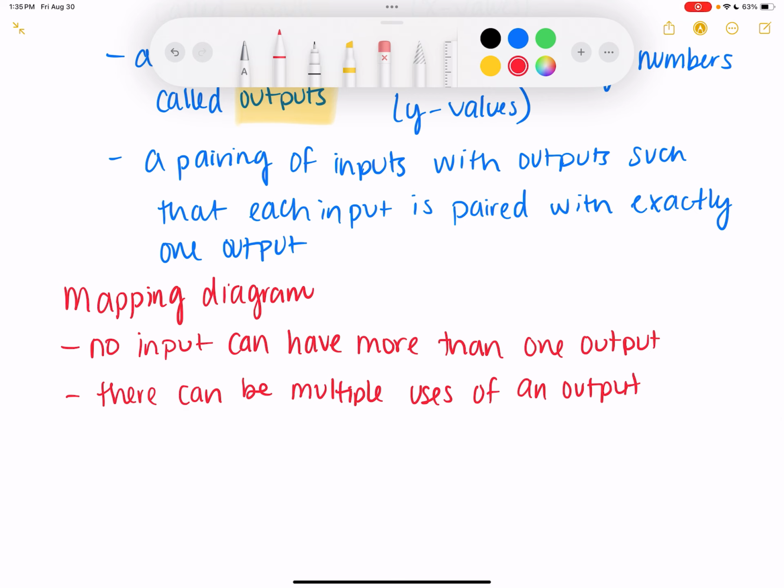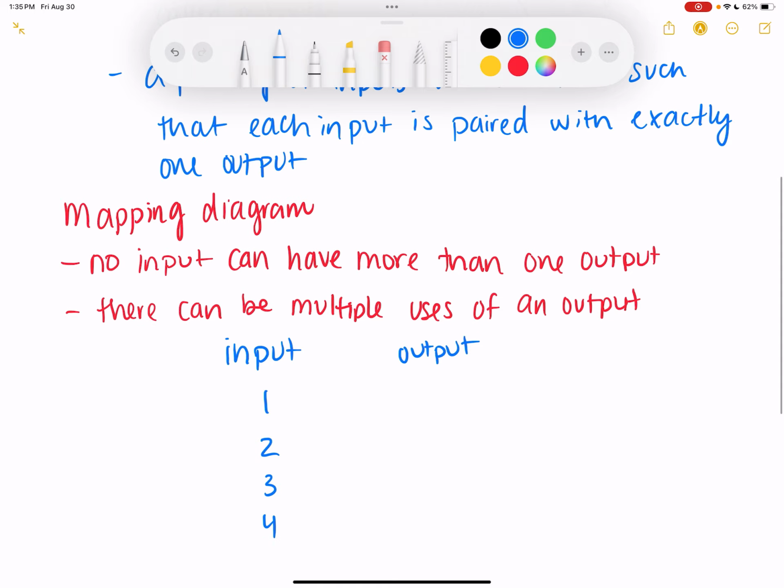So an example of a mapping diagram, we have inputs and we have outputs. So I have 1, 2, 3, and 4 for my input, and then for output I have 0, 1, and 2.